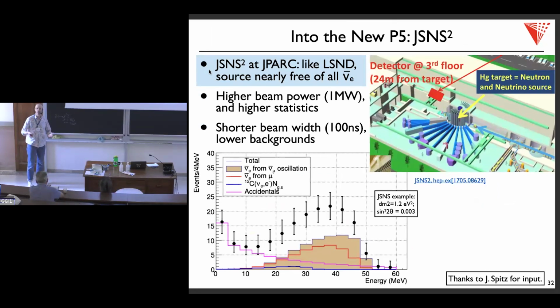In theory, you have just the basics of the setup here at J-PARC, more forgiving than the previous LSND experiment.